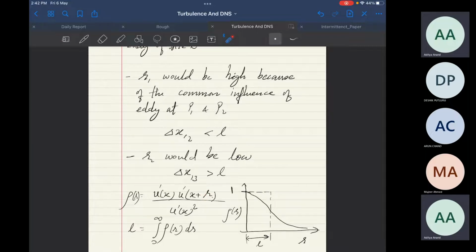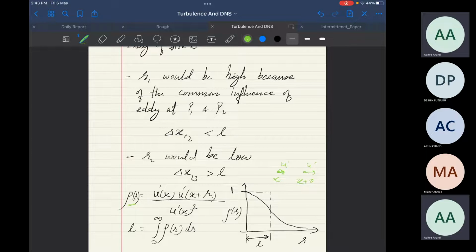So there is a separation of r between these two points. You have u at x and u at x plus r. You take a product of these two fluctuations and normalize them with the RMS of u. So what you get is the correlation coefficient.